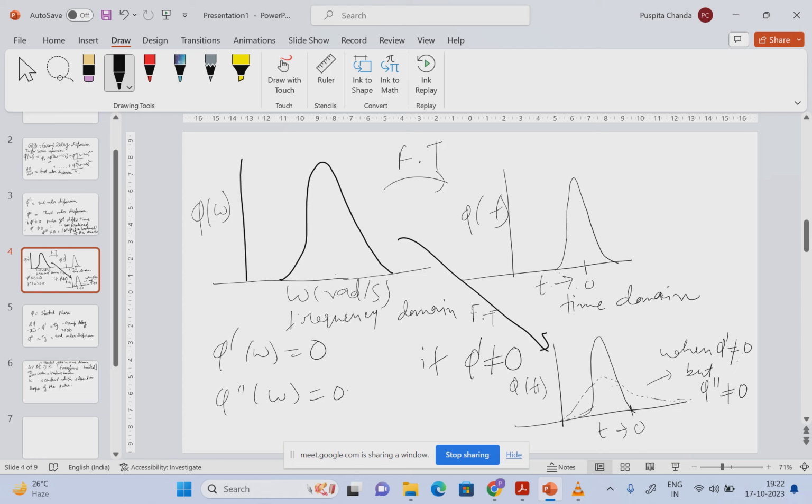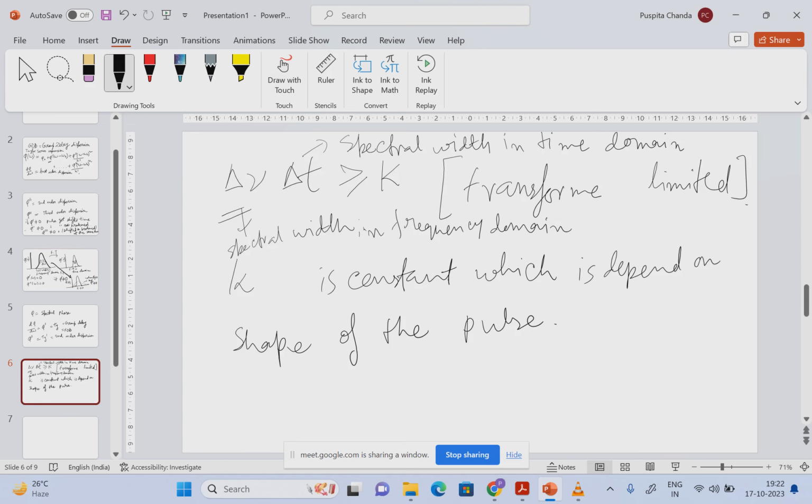Okay. But this is delta omega or delta nu, and this is the T. So the multiplication of these two should satisfy this inequality. So there is a value k. This is called the time bandwidth product.